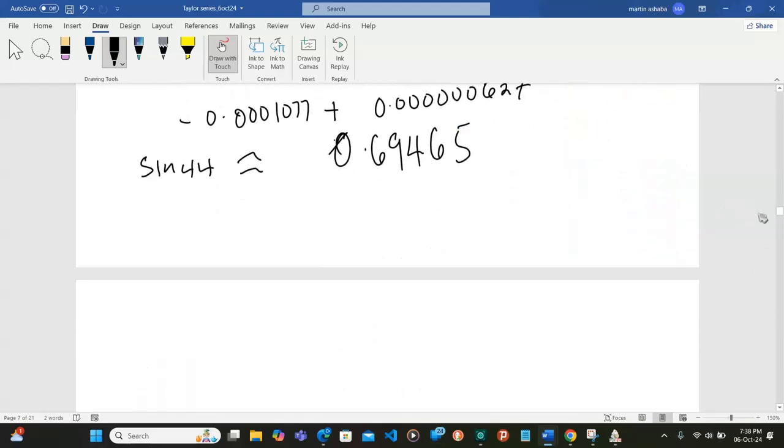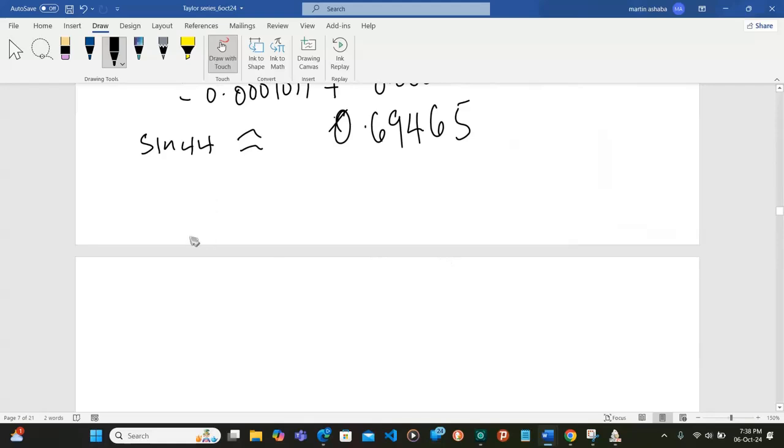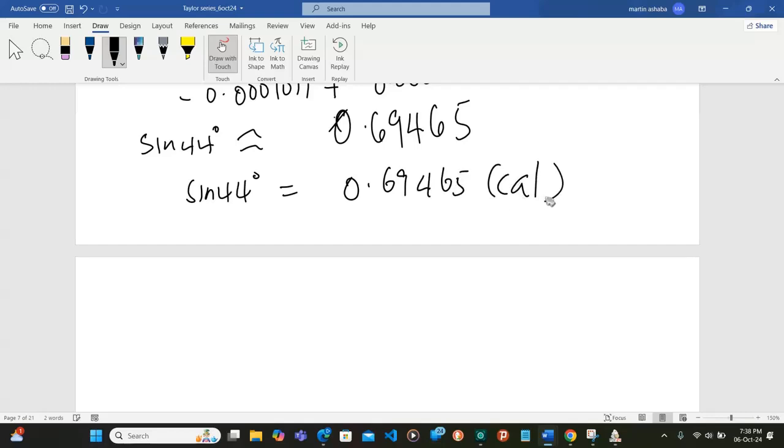When I evaluate sine 44 on a calculator, sine 44 degrees is equal to 0.69465, that is from the calculator.